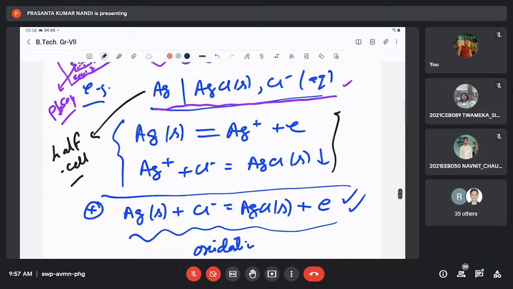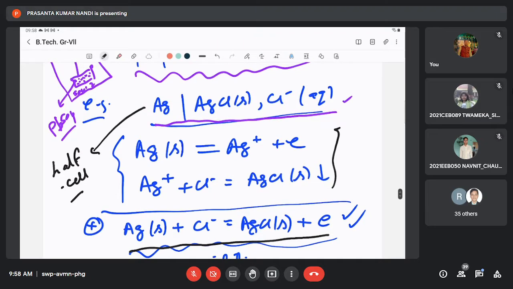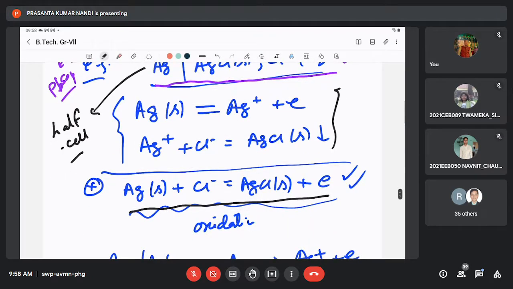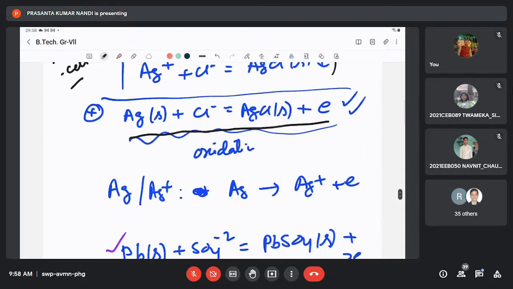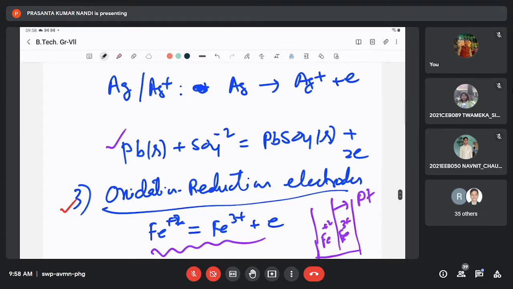So the total half cell reaction is given by this, and it denotes oxidation, silver plus Cl minus going to silver chloride, because an electron is liberated. This is one typical example of how to write the half cell reaction for a metal sparingly soluble salt electrode. For lead sulfate, you can do it yourself like this.